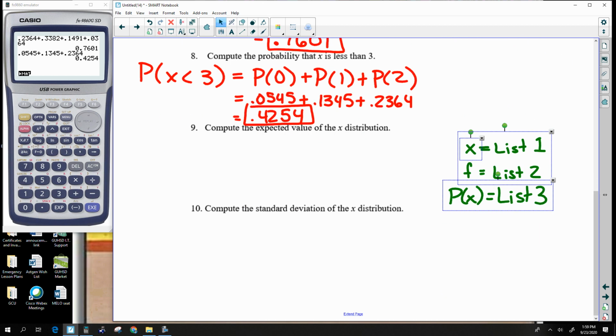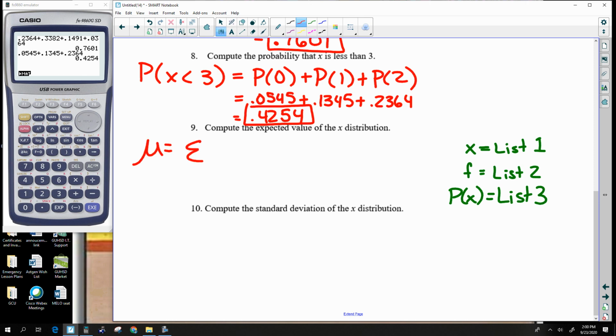Next is the expected value. That's mu. Mu is equal to the sum of x p of x. So that's going to be the sum. Here, I'll write down what I'm doing.